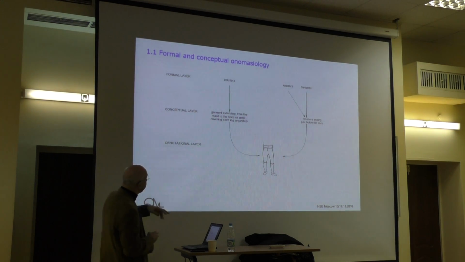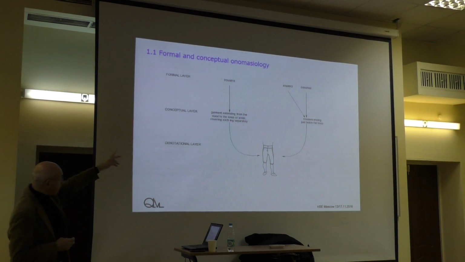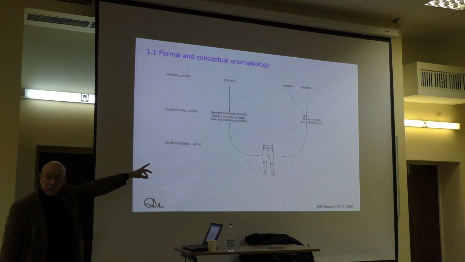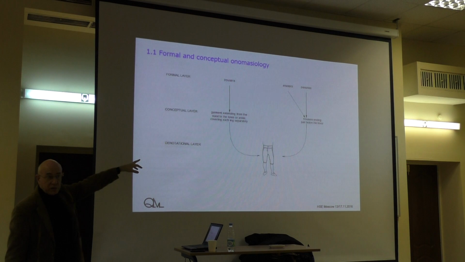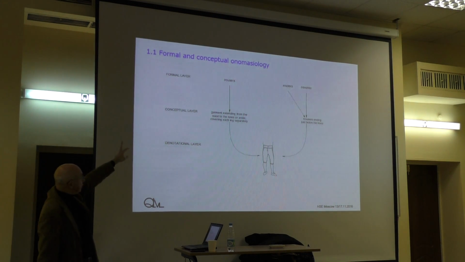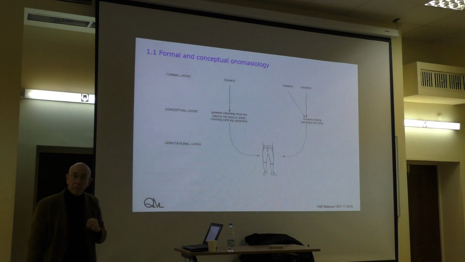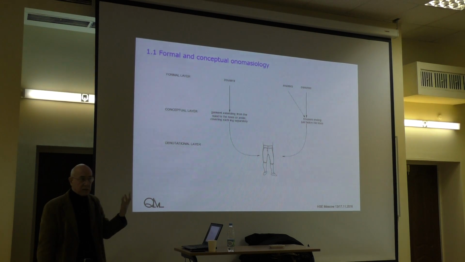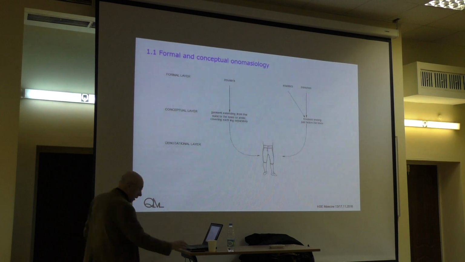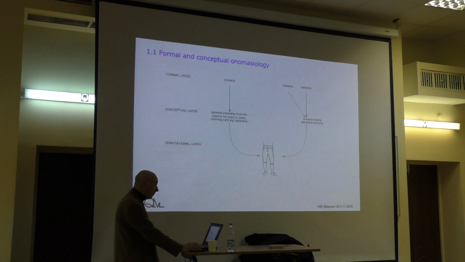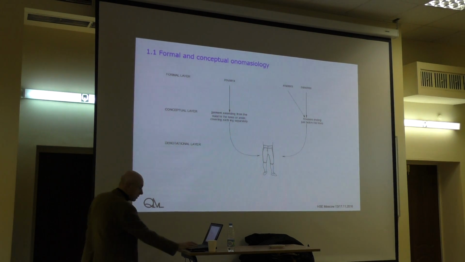Because if you compare knickers and breeches, that is purely formal onomasiological variation. Whereas if you compare trousers with breeches, then you have conceptual onomasiological variation. That's where you really take a different category. And we can fill out the schema a little bit more because it's complicated.